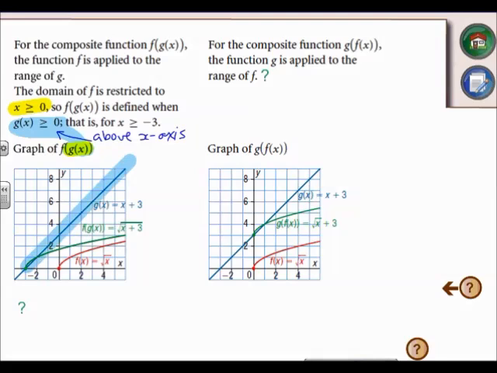We're saying everything that's greater than or equal to -3. That's above the x-axis. So that gives us our domain now of our composite. For the domain of the composite, x has to be greater than or equal to -3.